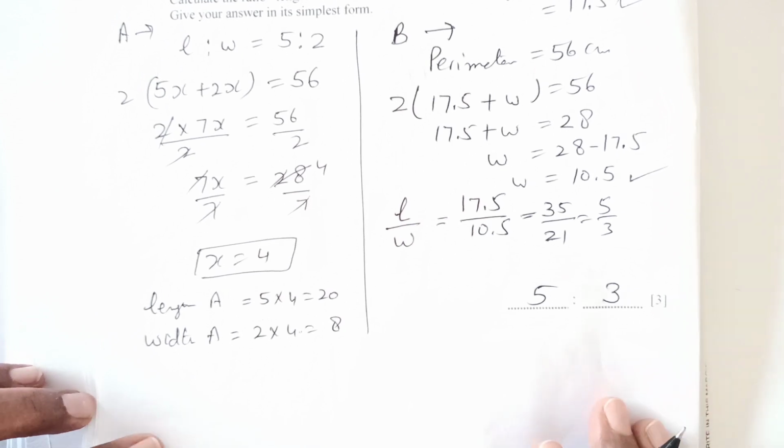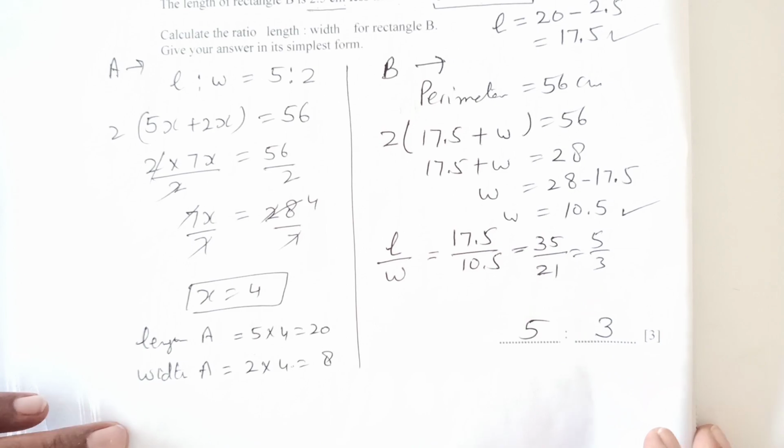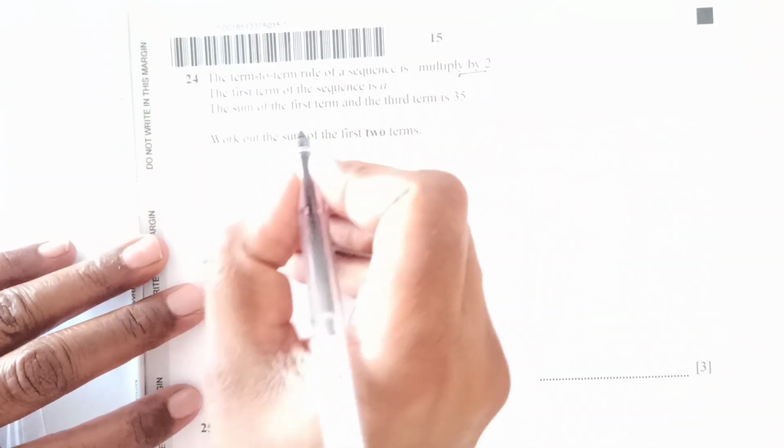This is a bit of a tricky question, but go step by step, you will be able to figure it out, right? Now number 24, the term to term rule of the sequence is multiply by 2. The first term of the sequence is A. So T1 is A. I have written this one. The sum of first term and the third term is 35. So T1 plus T3 is 35.